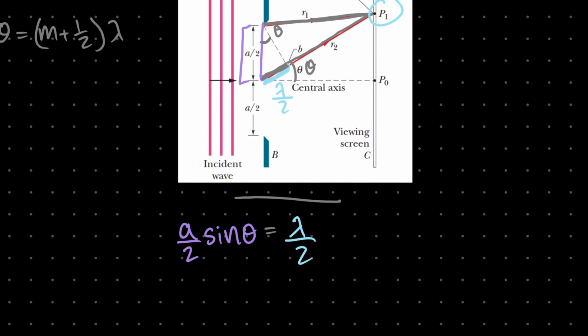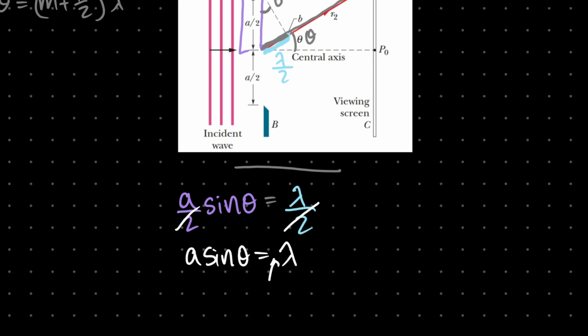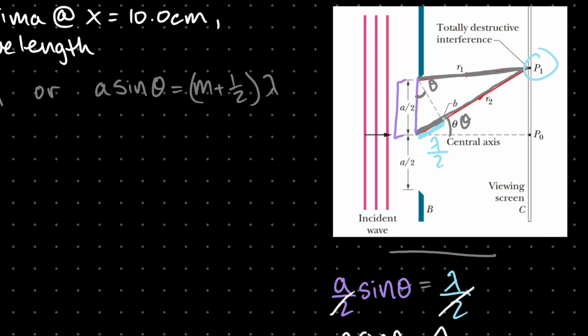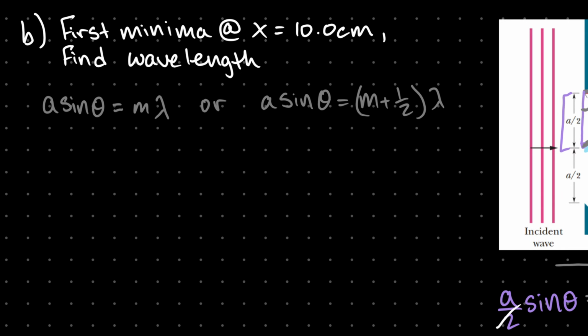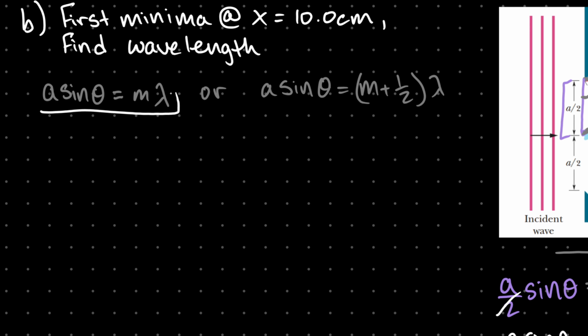From this, we can see that these over 2's cancel each other out, and we get left with a sine theta equals lambda. And we see that lambda is being multiplied by an integer. In this case, our integer m is just equal to 1, with no extra terms of over 2 or anything like that. So for minima, we are going to want to use this equation right here.